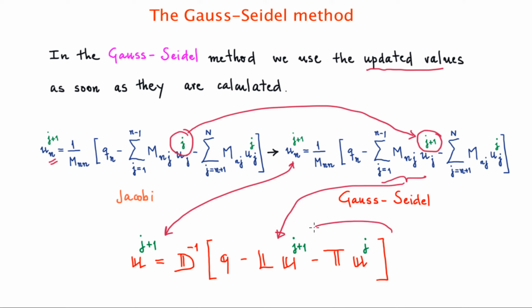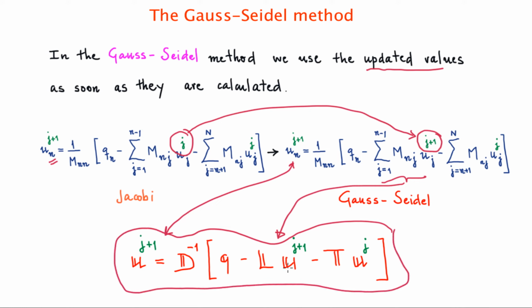So we can write the Gauss-Seidel representation in this way as well. And actually, what we can do here is bring that one to the other side, and we can have a matrix representation, in the short way, with u at the j plus 1 iteration.